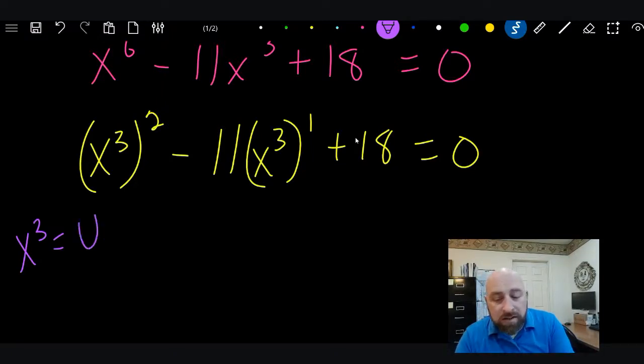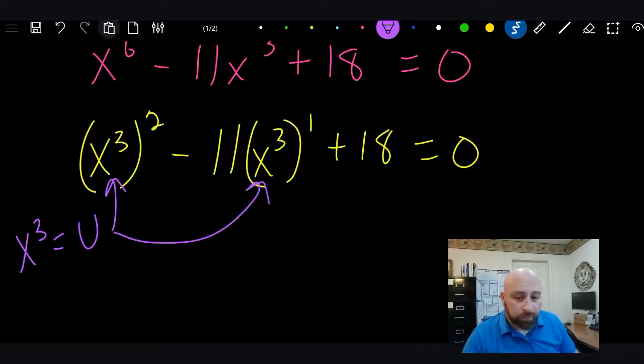The book makes it u, okay, which is fine. So wherever we see an x to the 3rd, we are going to substitute in a u. So a u is going to go right there, and a u is going to go right there.